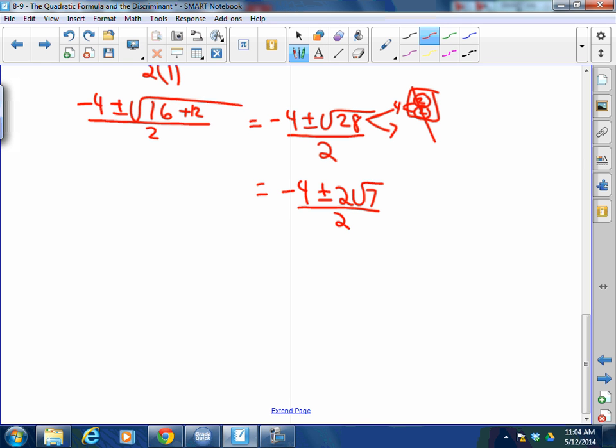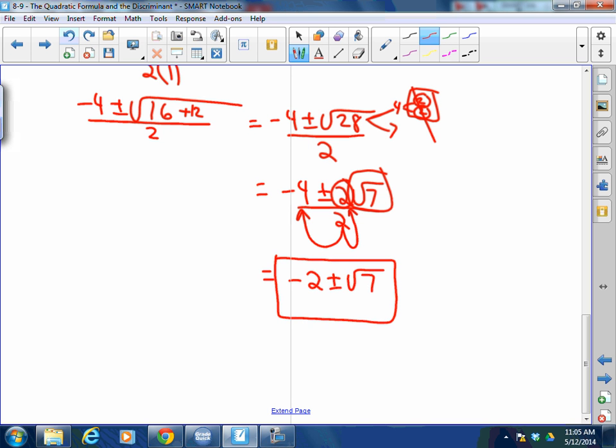Very good. 2 is divisible into 4 and this 2 as well. So this 2 will be divided to this guy, and this 2 will be divided to that guy. Not to the inside of the radical, but for the outside 2. So in the end, this will equal negative 2 plus or minus square root of 7.